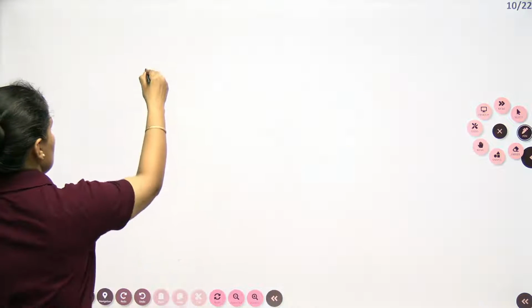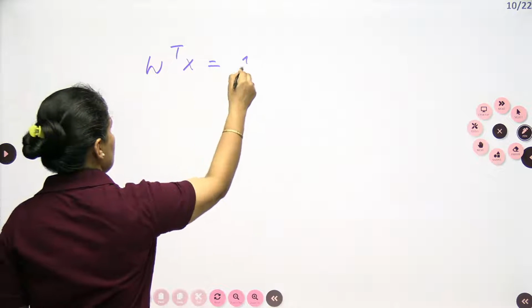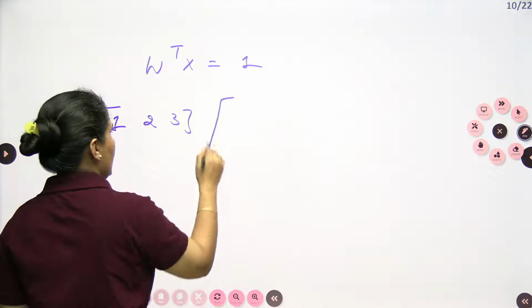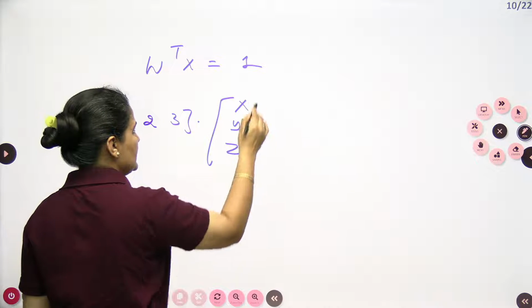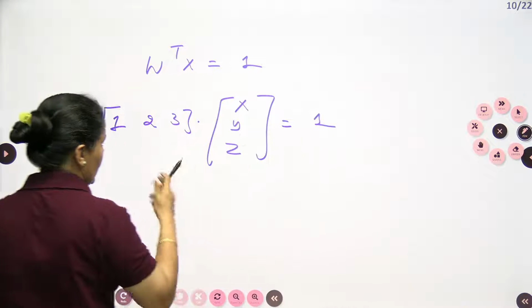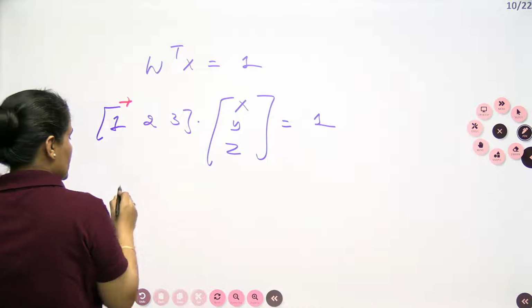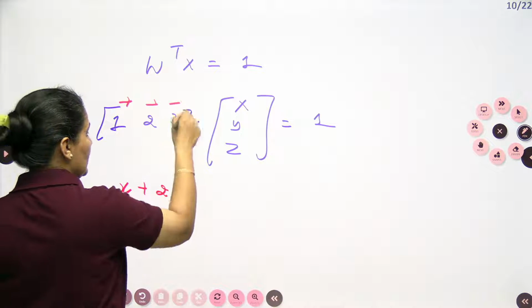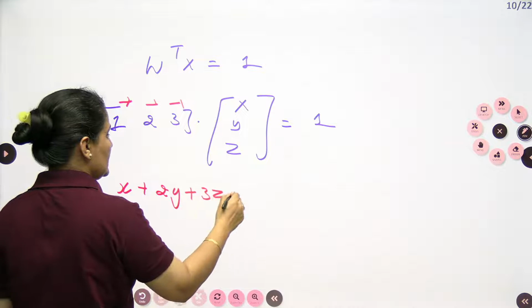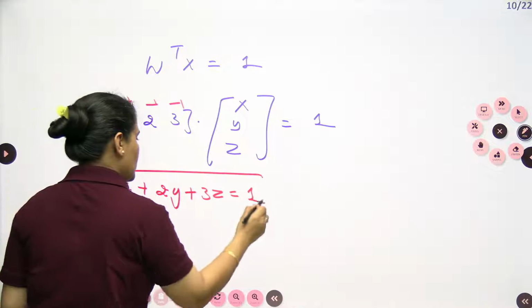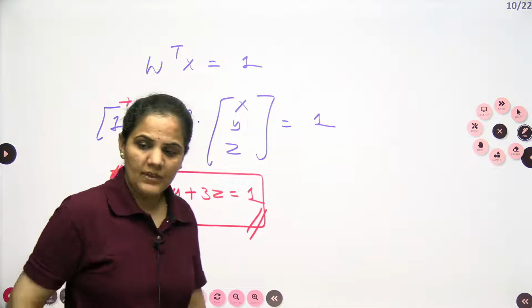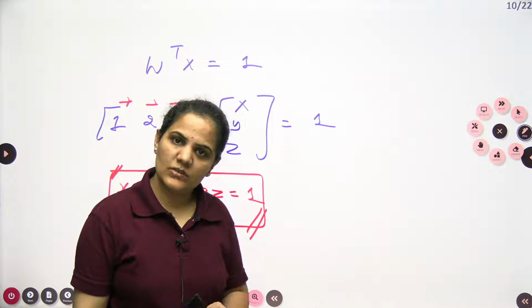If I go with w transpose into x is equal to 1, so w transpose is 1, 2, 3, and your x will be x, y, z, and this is equal to 1. When you multiply the first row with this column, this is x, second with second, this is 2y, third with third, this is 3z is equal to 1. So x plus 2y plus 3z is equal to 1 we have.